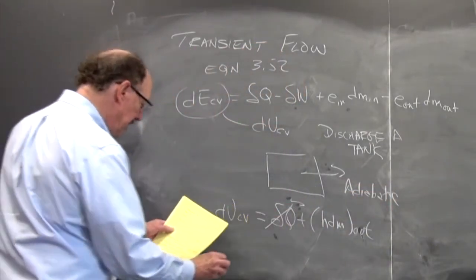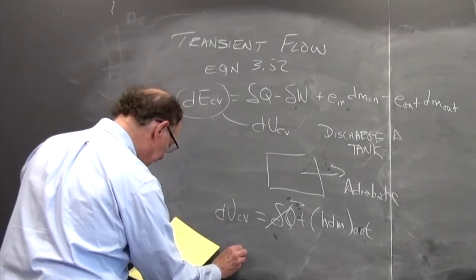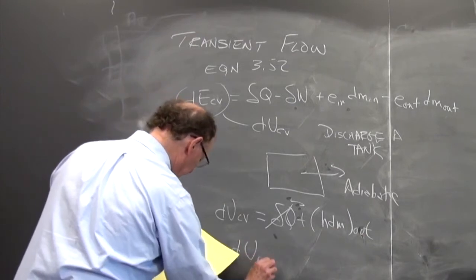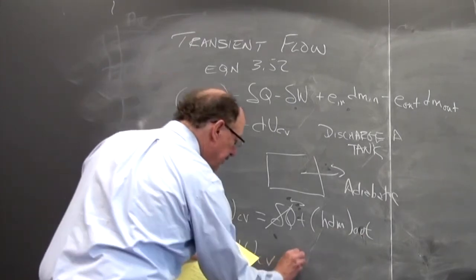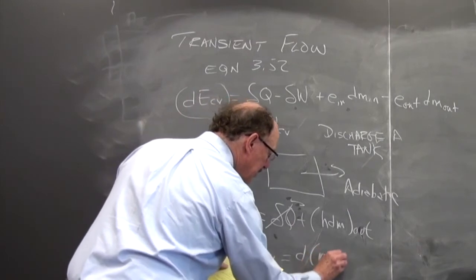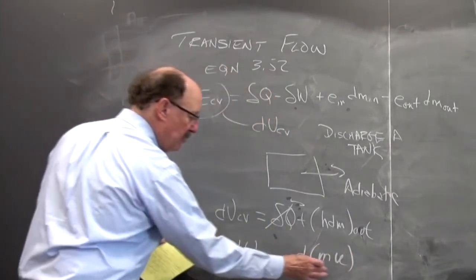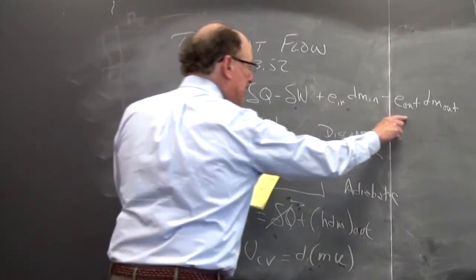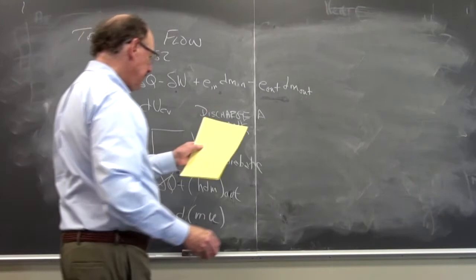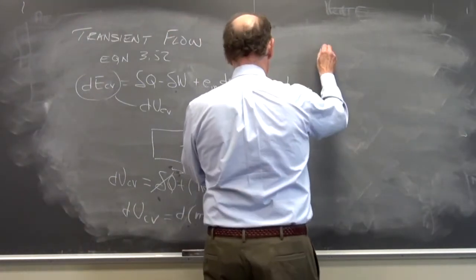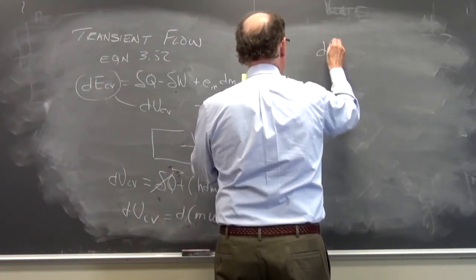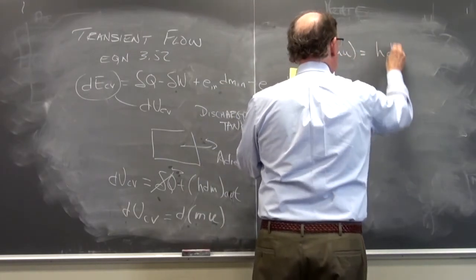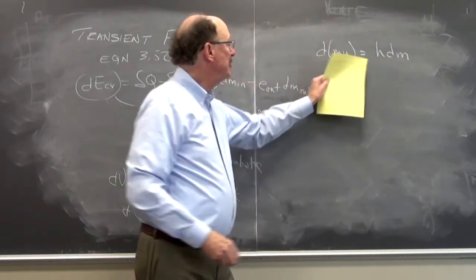And I have that the change of the internal energy of the control volume, which is the change of the mass times the specific internal energy, is equal to this discharge, where H is the enthalpy term.